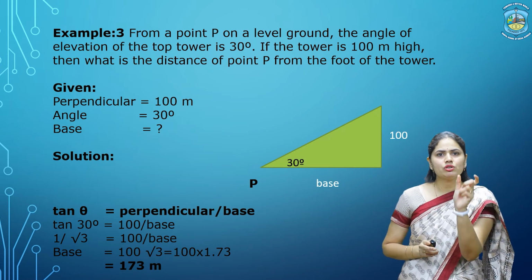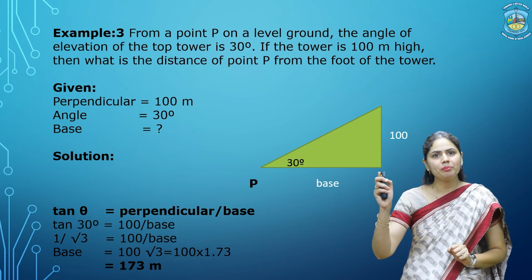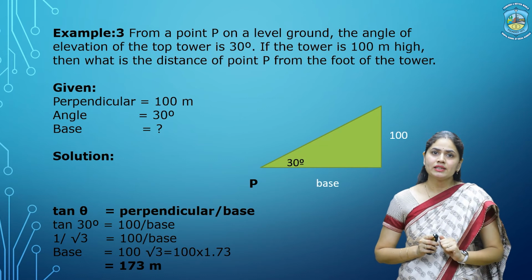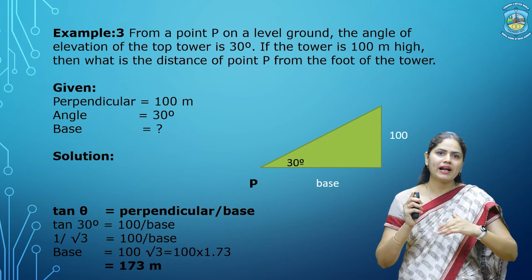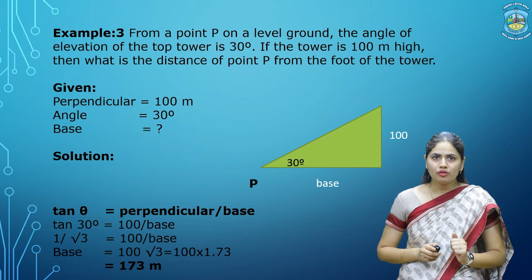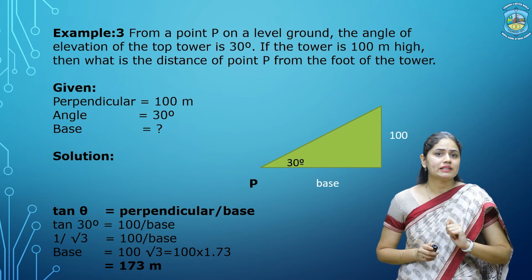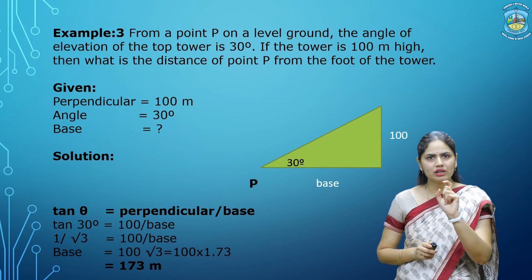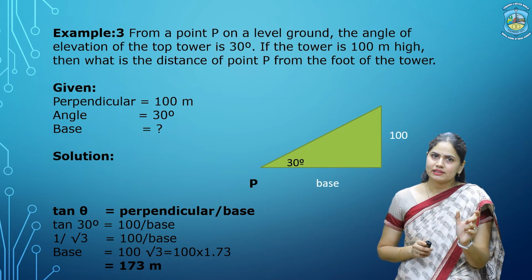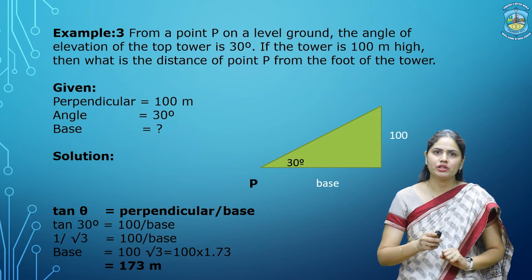That means we need to find the base, where the perpendicular and angle are given. The angle of elevation is 30 degree, the perpendicular is 100 meter, and the base we need to find out.